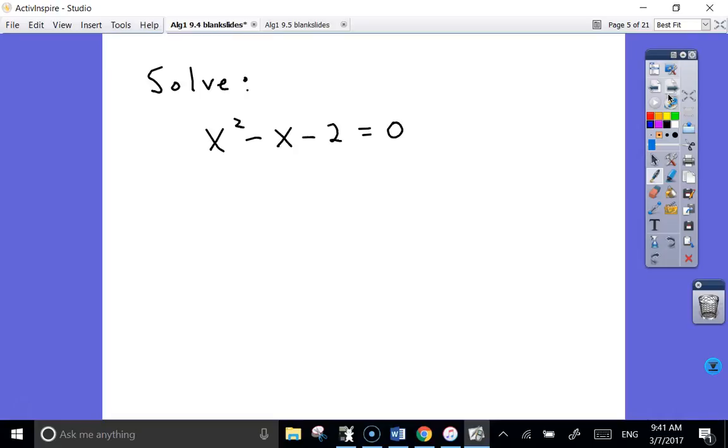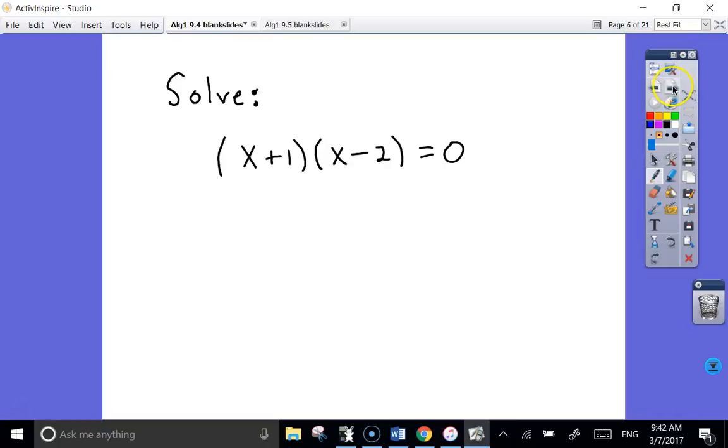I can't put them together because they're not like terms, so I'm just kind of stuck. Looking at that standard form, it's a standard form quadratic trinomial set equal to 0, and I can't isolate the x. But if I put up the factored form instead, now I've got some other possibilities.